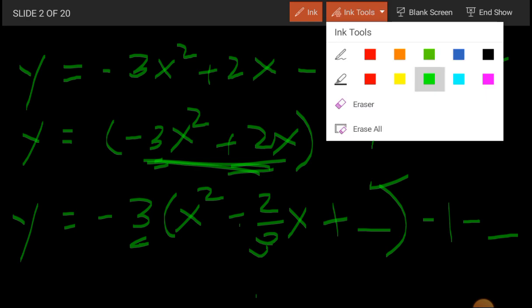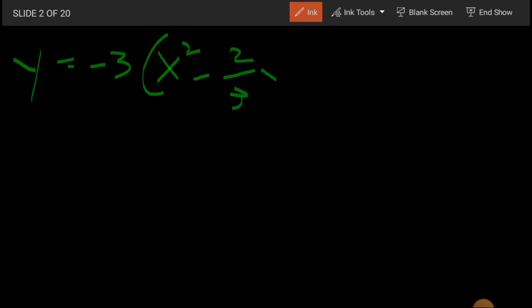So, linisan lang natin. We have y equals negative 3 x squared minus 2/3 x plus blank minus 1 minus blank. Okay. So, ano yung nandito sa blank? That's 2/3 over 2, then squared.